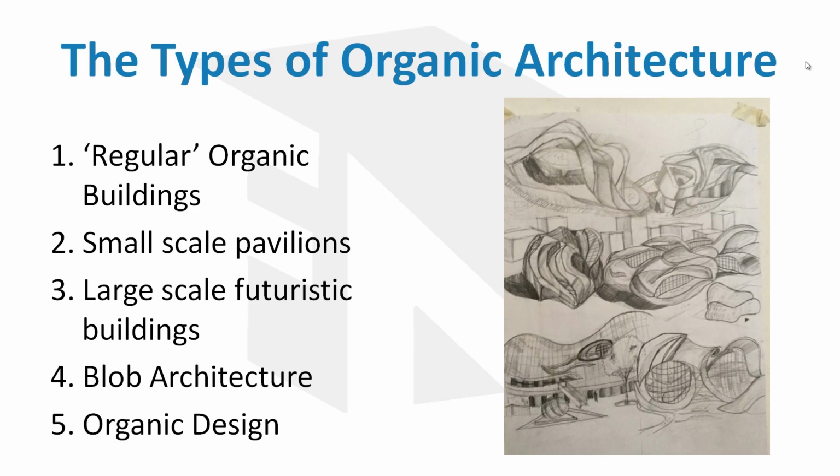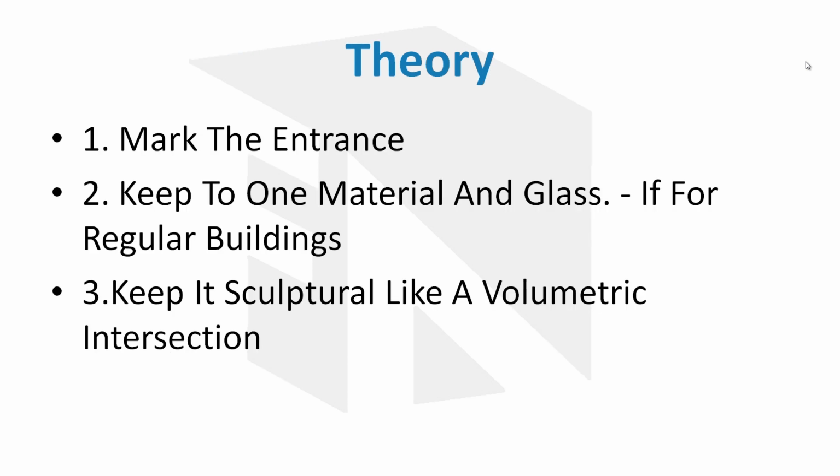So a short recap: the types of organic architecture: regular organic buildings, the large ones; small scale pavilions, the smaller ones; really large scale futuristic buildings, the weird ones; blob architecture, the really weird ones, which contrast the cityscape; and organic design, which we haven't really delved into, but again, an organic interpretation of common day-to-day objects.